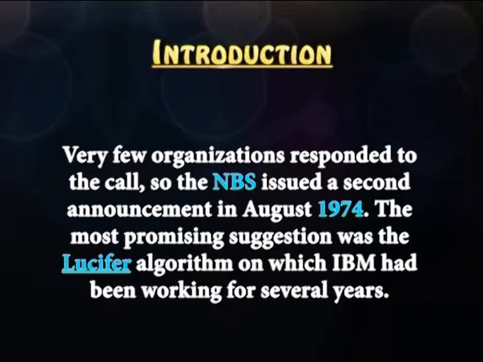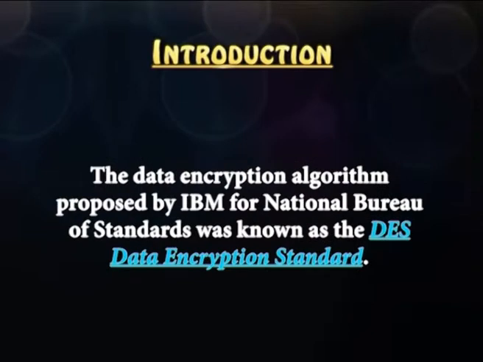In response, the most promising suggestion was the Lucifer algorithm, on which IBM had been working for several years. The data encryption algorithm proposed by IBM for the National Bureau of Standards was known as the DES, Data Encryption Standard.